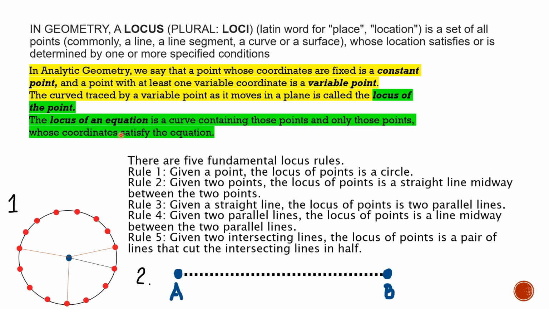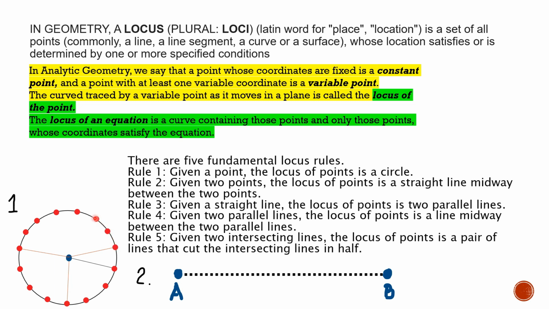For example, we are given this point. Now, for example, the statement says that the points are equidistant from this point, 5 units. So what will be the locus of the points?